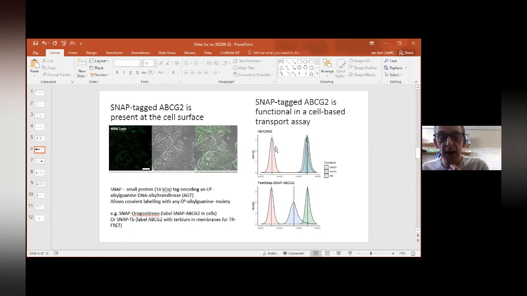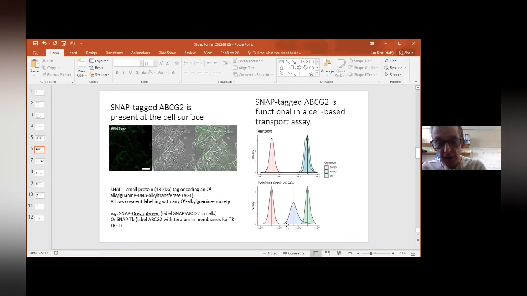On the right-hand side of this slide, we can also show that this SNAP-tagged G2 is still functional. So this is a conventional transport assay looking at the accumulation of mitoxantrone. It's probably just worthwhile looking at the bottom half of this panel. So when we add mitoxantrone to cells expressing this SNAP-tagged ABCG2, then they do not accumulate much mitoxantrone.